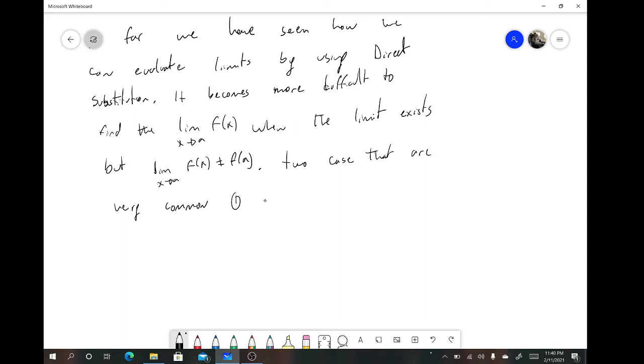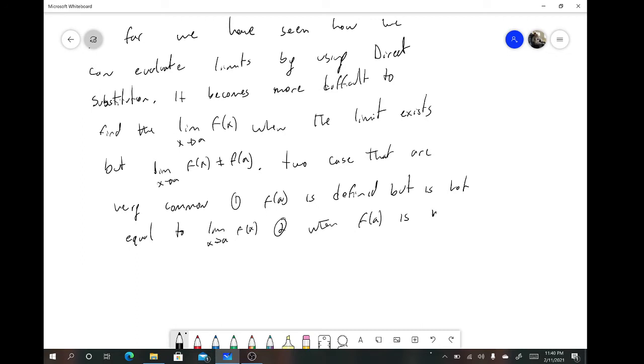One is when f of a is defined but it's not equal to the limit as x goes to a of f of x, and two, when the value is not defined at all. So we have these two cases.